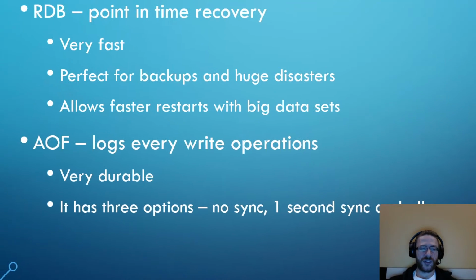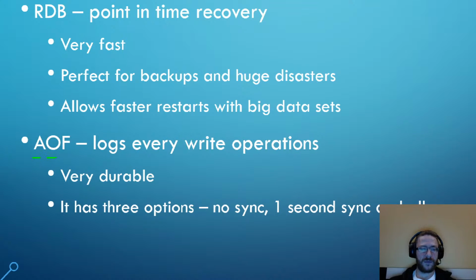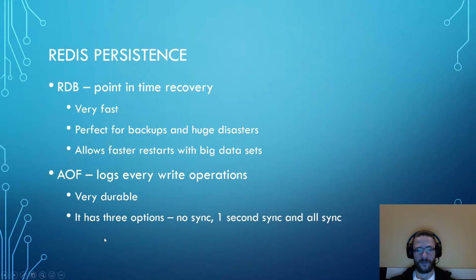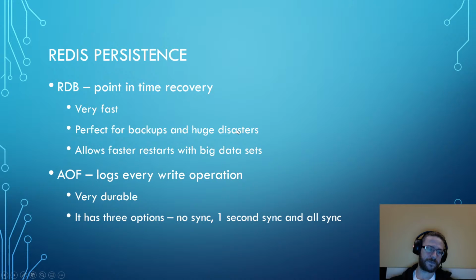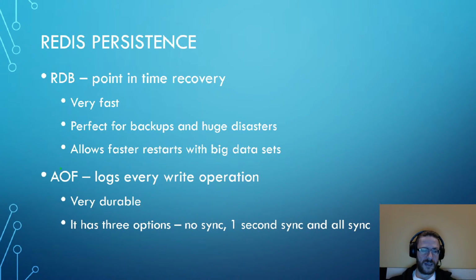The other option is AOF, which means append-only file, which basically means the following. It logs every single write operation. This one is more durable because the data cannot be corrupted, because it just appends data.